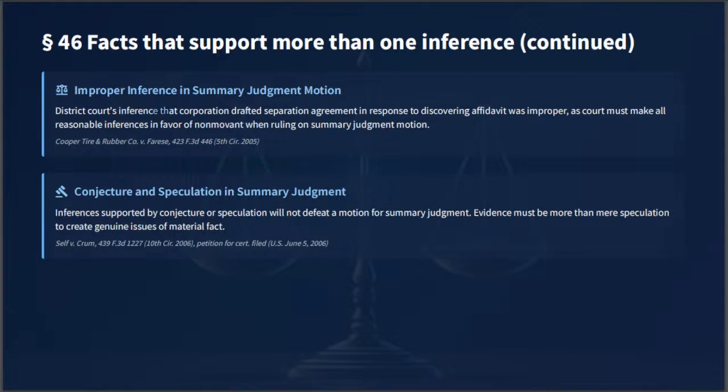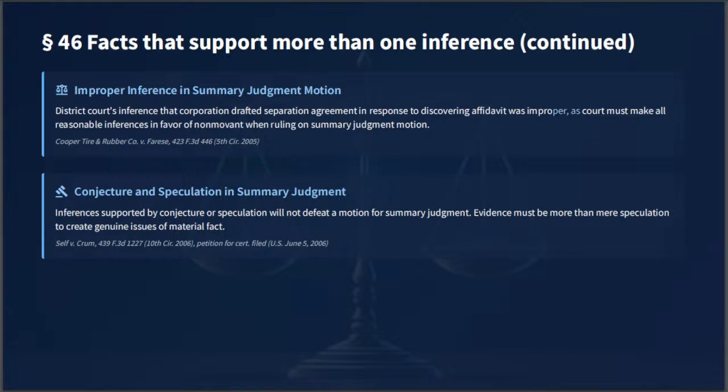District court's inference that corporation drafted separation agreement in response to discovering affidavit was improper, as court must make all reasonable inferences in favor of non-movant when ruling on summary judgment motion.